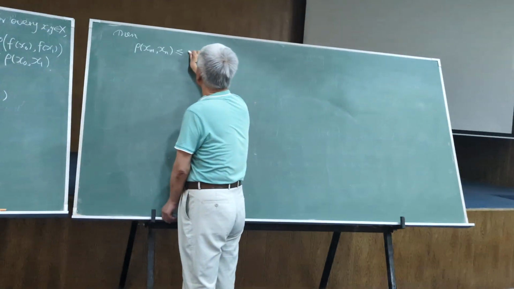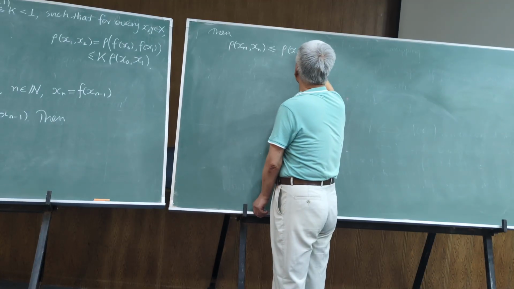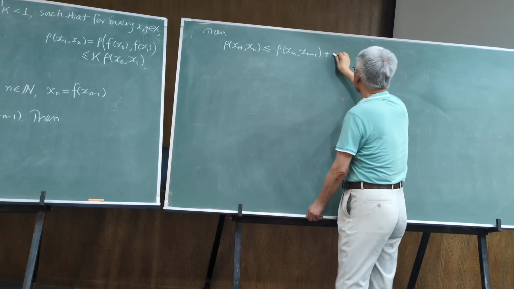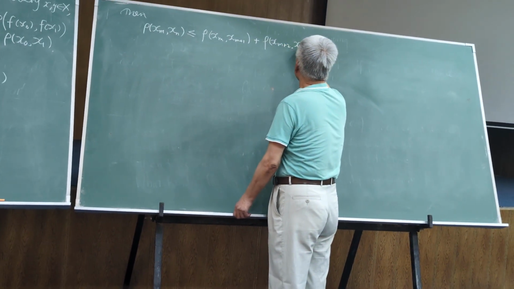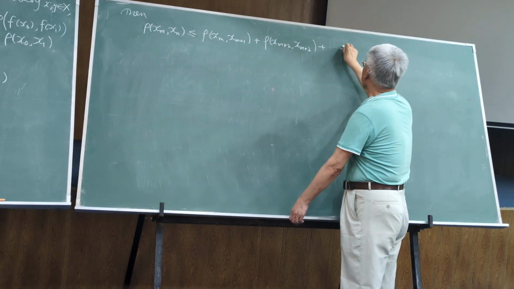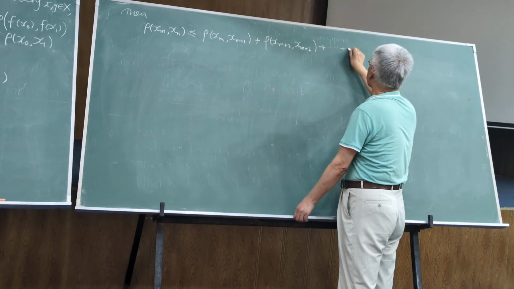So it will be at most the sum of the distances between xm and xm plus 1, xm plus 1 and xm plus 2. You only keep these two terms, and then it goes on until you reach the last one, which is xn minus 1, xn.